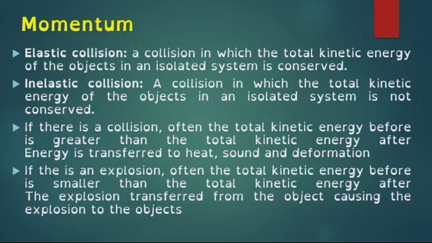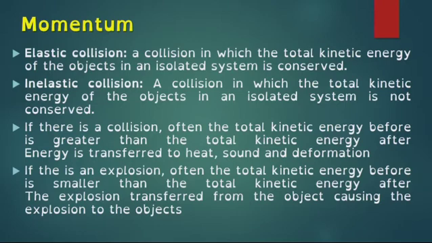Now, if you take the opposite, if you look at explosions, often the total kinetic energy before an explosion will be much smaller than the total kinetic energy after. Why does this happen?